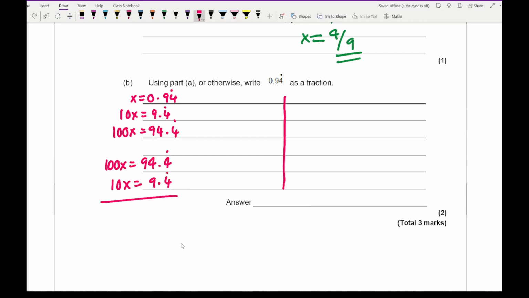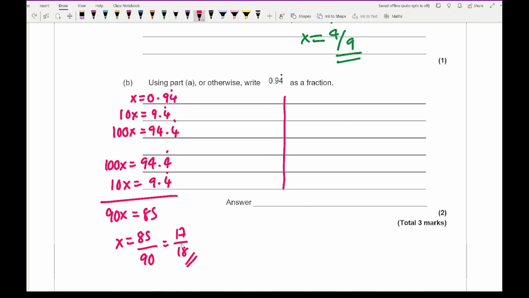Take the two things away, and we get 90x equals 85, so x equals 85 over 90, and we can simplify that fraction as 17 over 18 by dividing both numbers by 5.